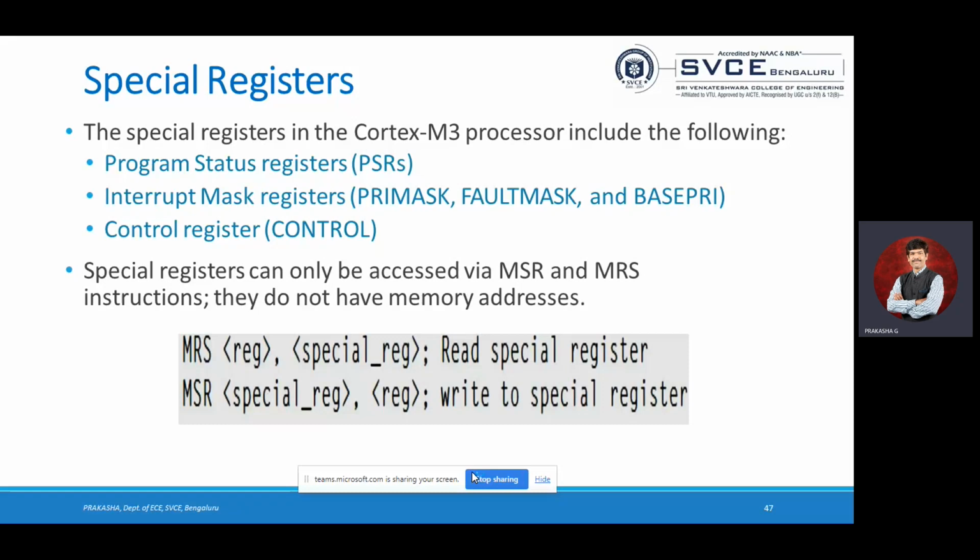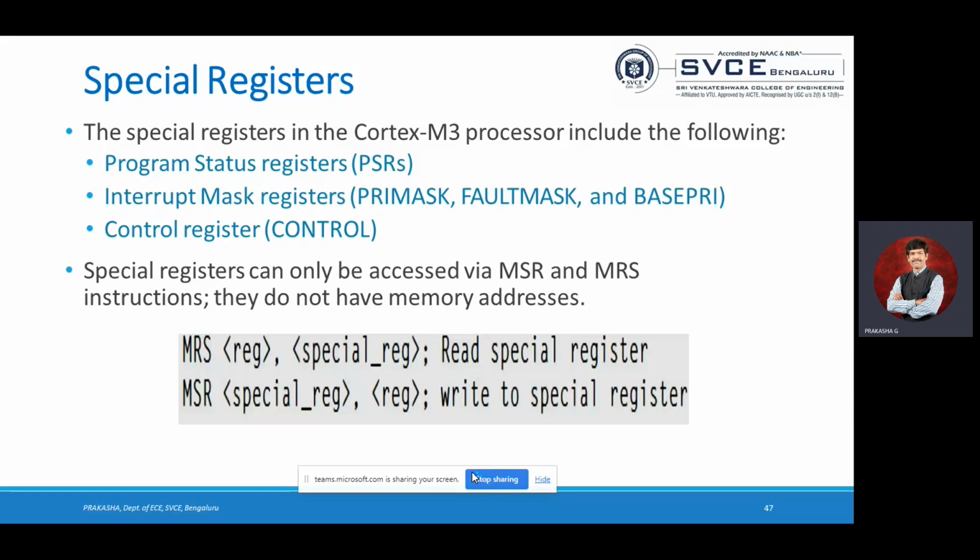Read from the special register, and whatever you read will be loaded into the general purpose register. I cannot say stored, it will be loaded into the general purpose register.